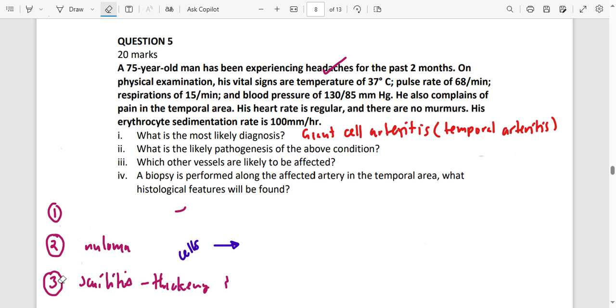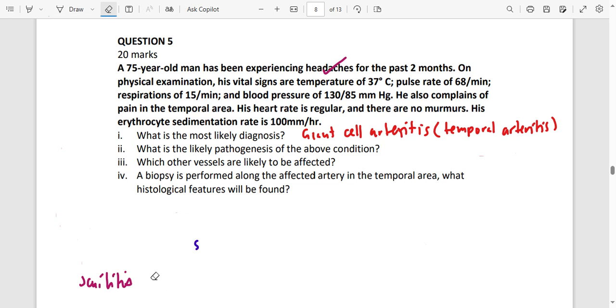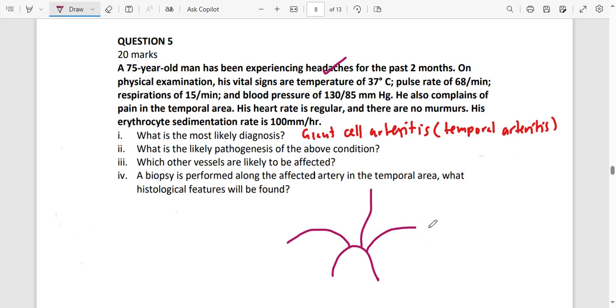So here we are specifically talking about the large arteries. Of course, other arteries can also be affected because they also branch from the brachiocephalic, the left common carotid, and then the left subclavian.